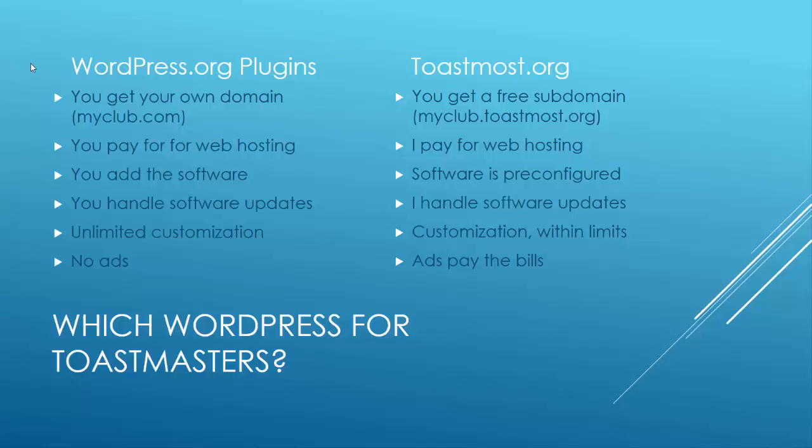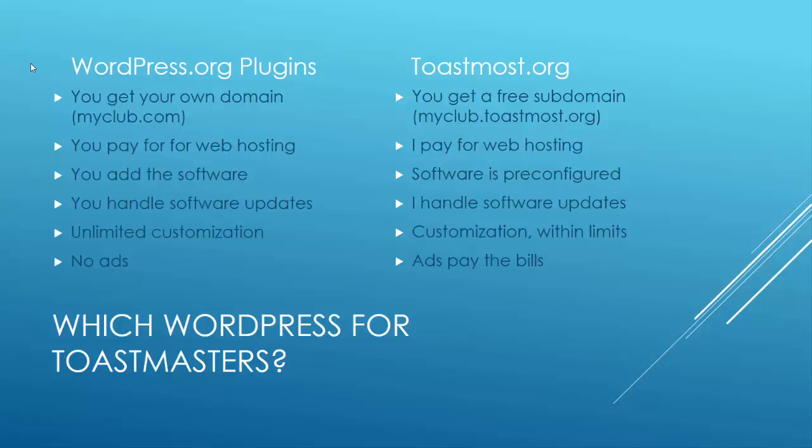But when you're dealing in the software realm, that means you go out and you pay for your own domain, you pay for your own hosting, you add the software, you're responsible for the software updates and keeping the site secure. You have unlimited options in terms of how you can customize things if you have the knowledge to do that, and you have no advertising.